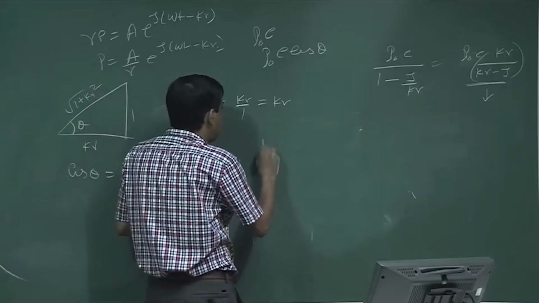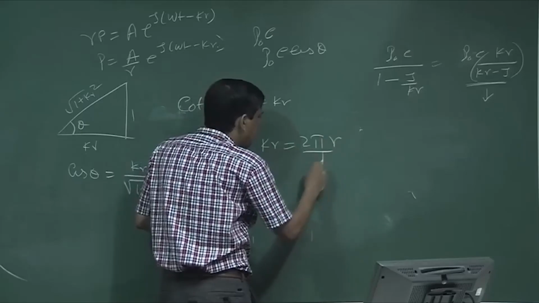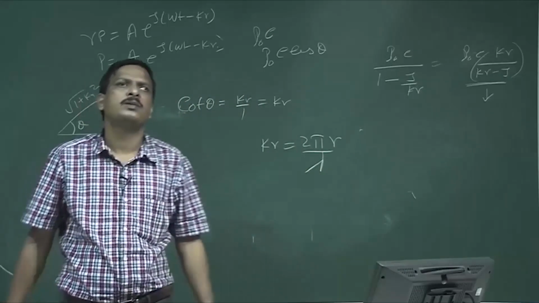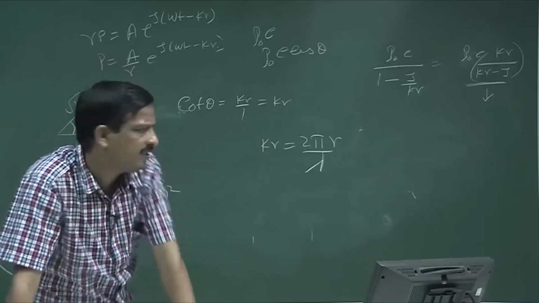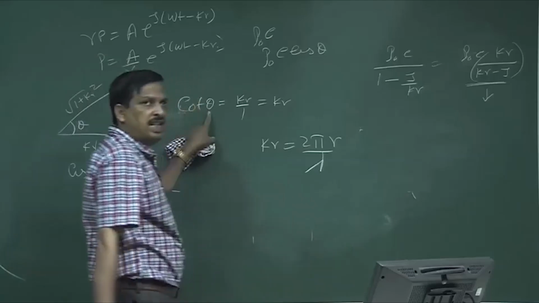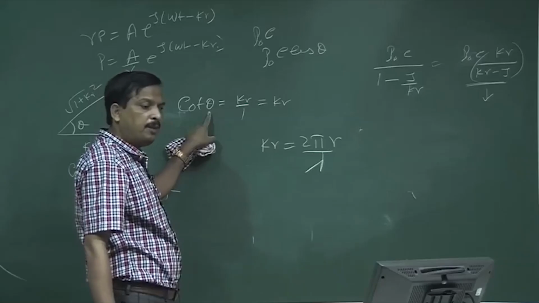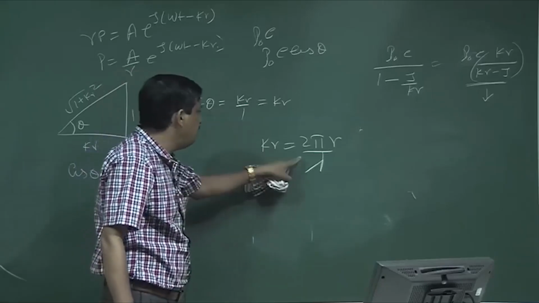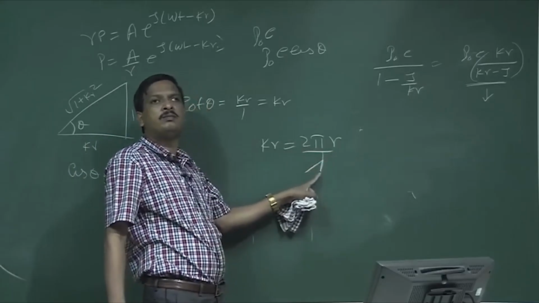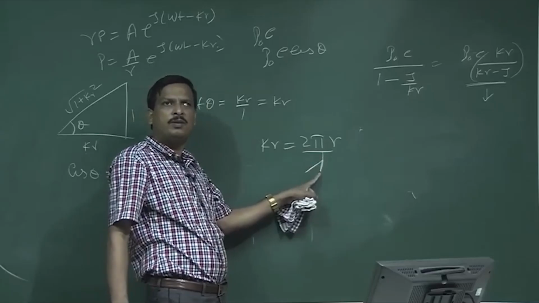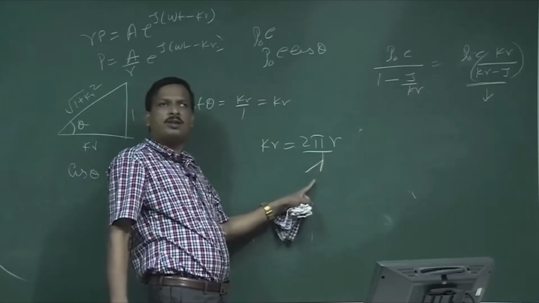So, I can write kr is nothing but 2 pi r divided by lambda. So, I can say that theta is a function of the ratio between the distance from the source and the wavelength of the acoustic wave.